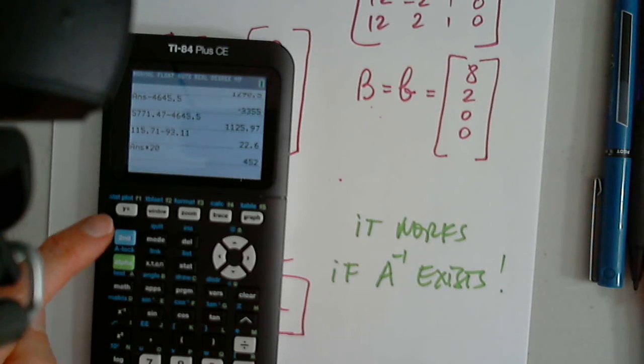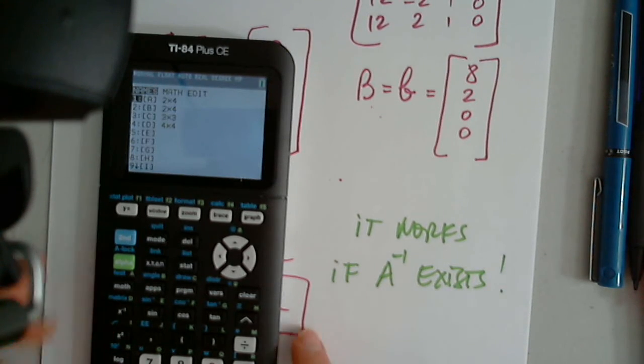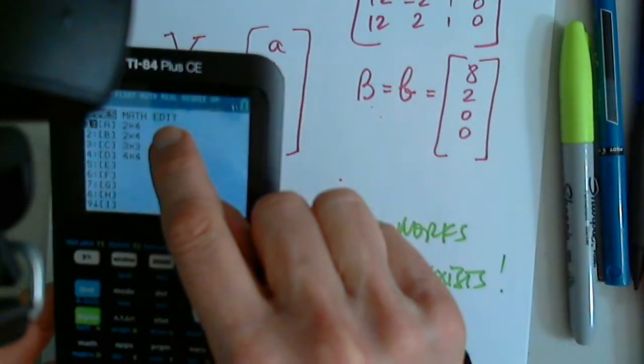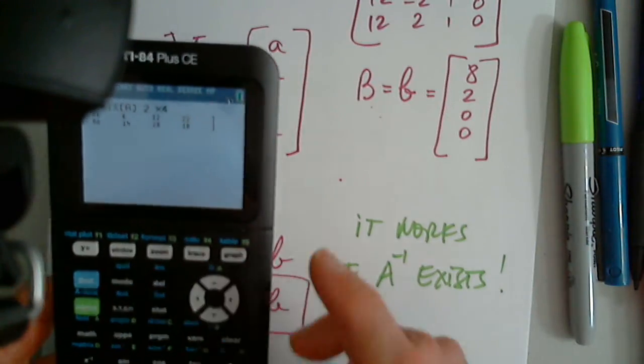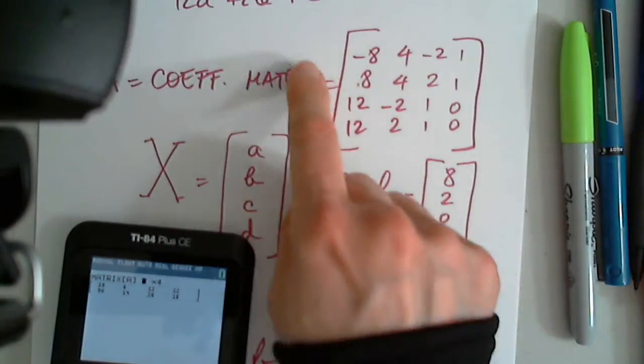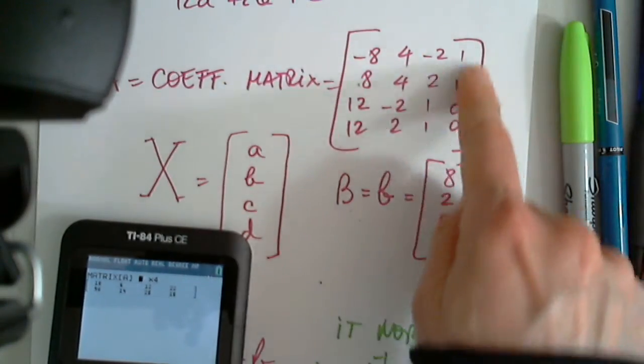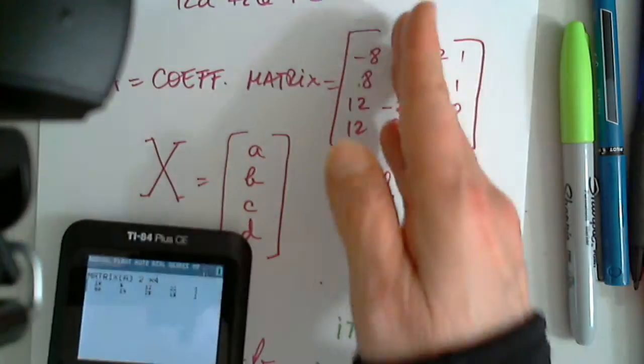Okay, so we go to second and matrices, and I will go to edit. I have to edit a matrix that is a 4 by 4, 4 rows, 4 columns.